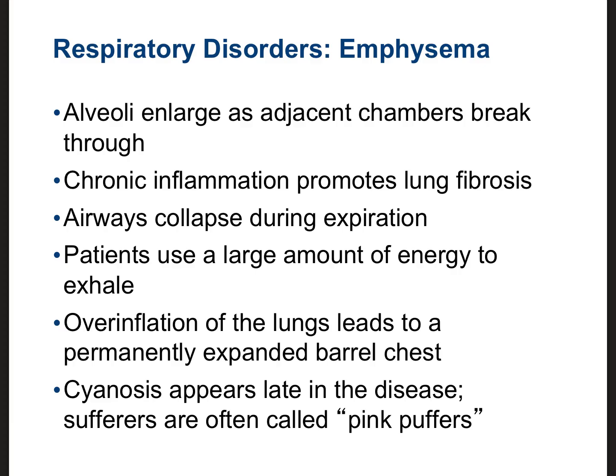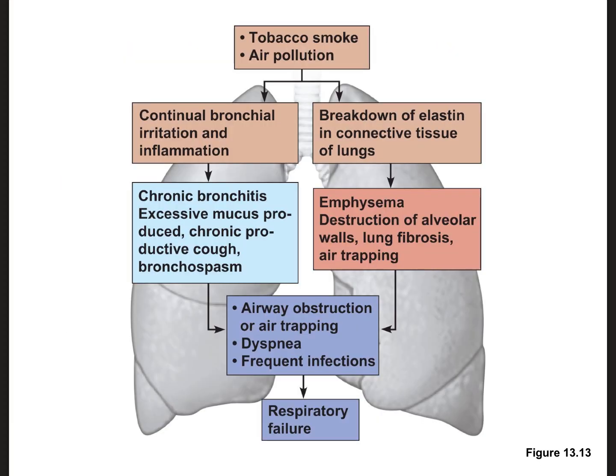And again, it's a progressive disease. Eventually it leads to obstruction. That's why it's called chronic obstructive pulmonary disorder. Dysfunctional breathing, frequent infections, and eventually it leads to respiratory failure. Treatments are just treating the symptoms.